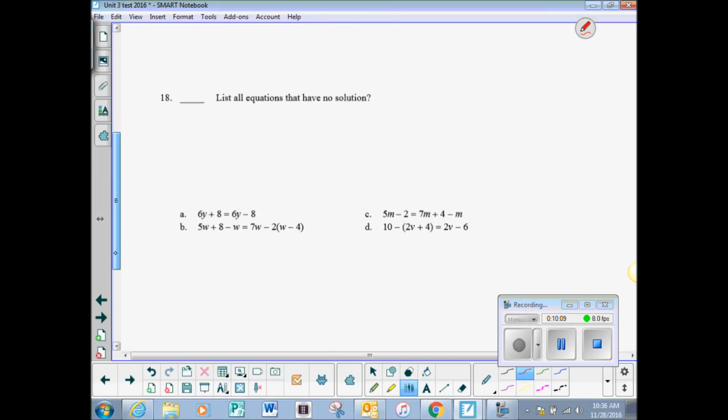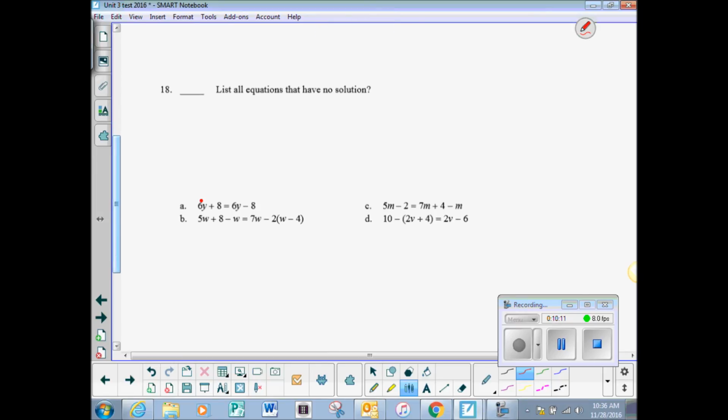Okay, which ones have no solution? Well, when they're the same and these are different, that's no solution. B, I get 5m minus 2 equals 6m plus 4. That's going to have one solution. This one is going to be 4w plus 8 equals 5w when I distribute this negative 2 plus 8.